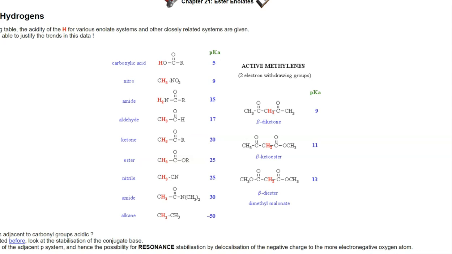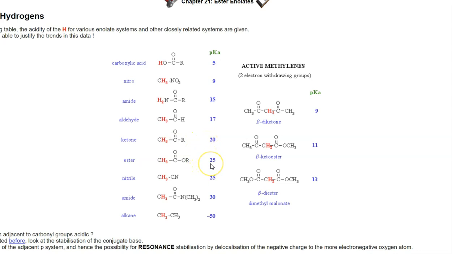So if we're looking at things that have alpha protons, we're looking at predominantly these two. Hopefully you can see my cursor. Aldehydes have pKa's on their alpha protons of roughly about 17. For ketones, we're looking at about 20.